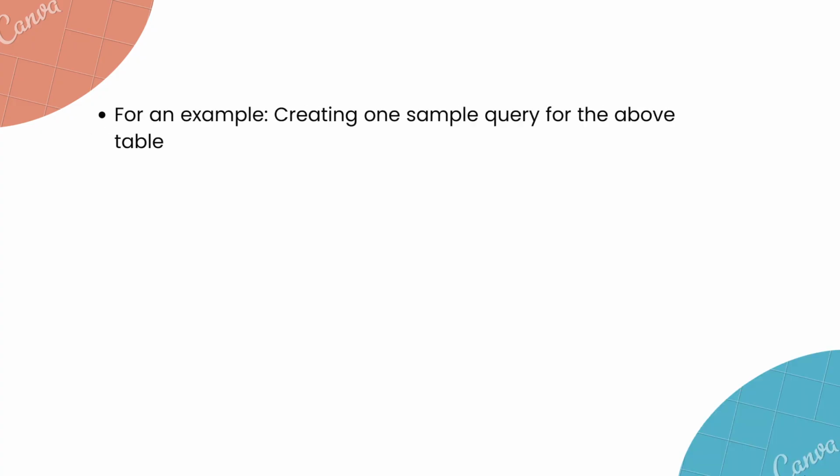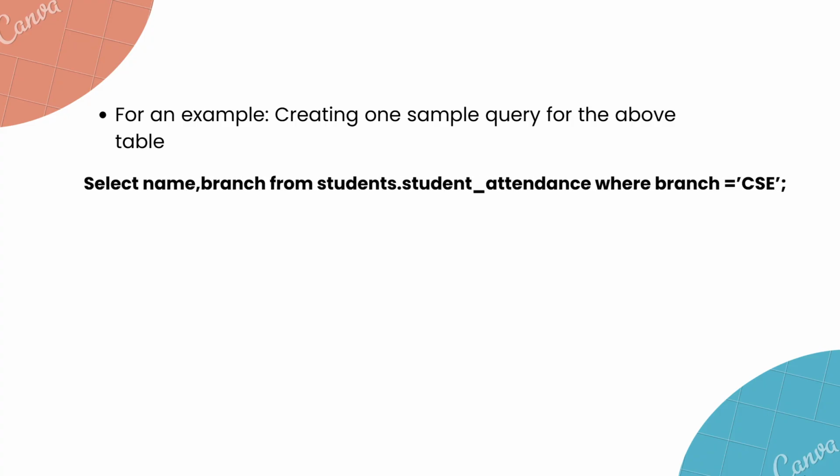Okay, for an example, let's create one sample query for the above table. SELECT name, branch FROM students.student_attendance WHERE branch = 'CAC'.